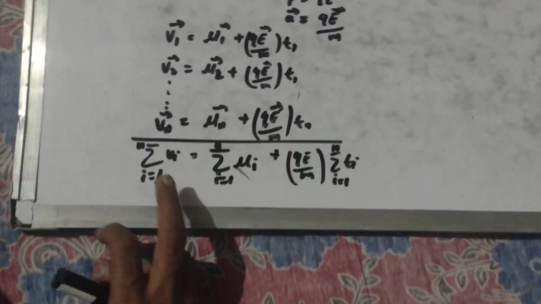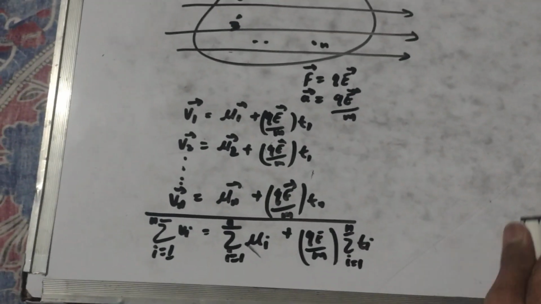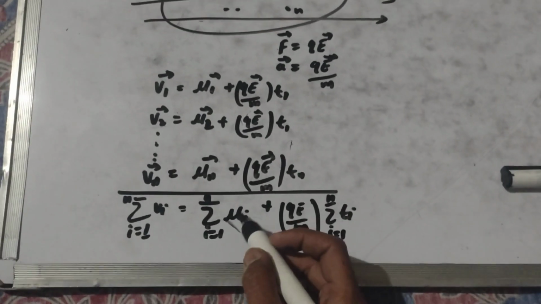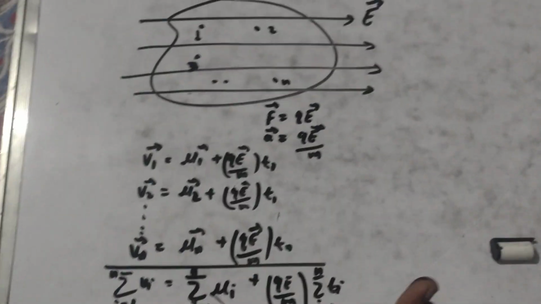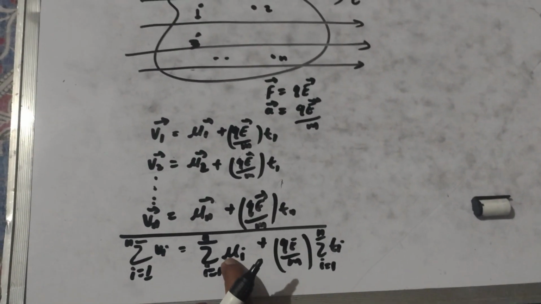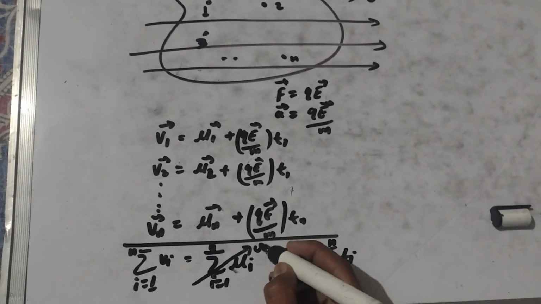Now this is the final velocity of every particle, and from common sense we can say that Ui was the initial velocity of every particle before the electric field was applied. Since it is the initial velocity, it is random motion, and the sum of all random motion of a body is 0.